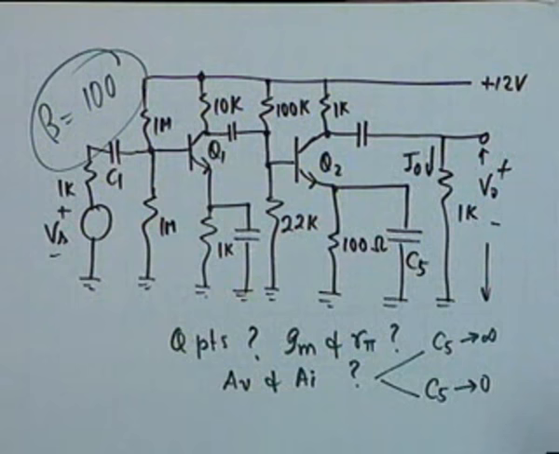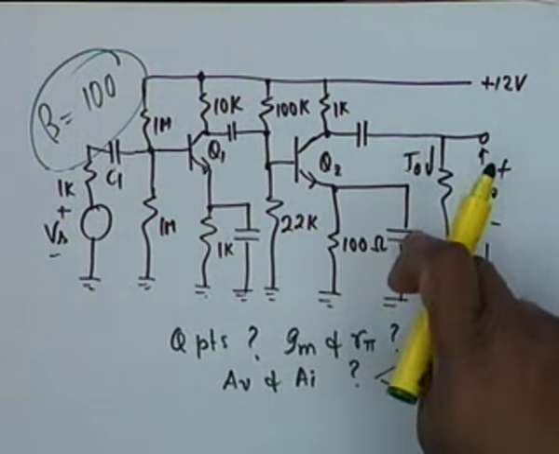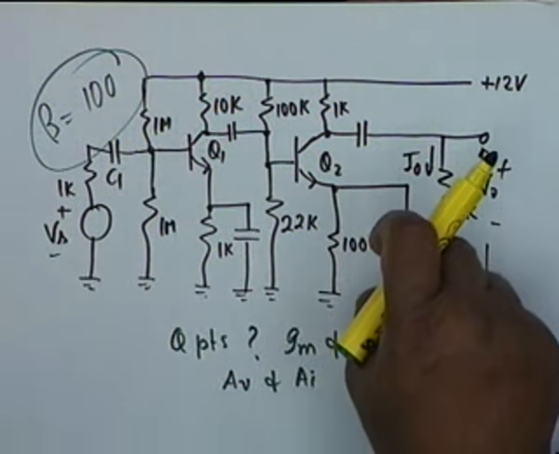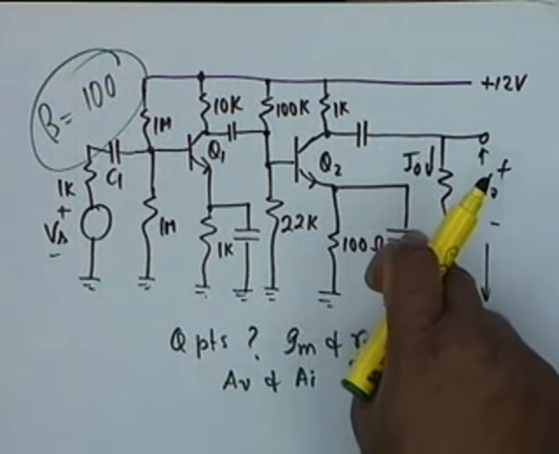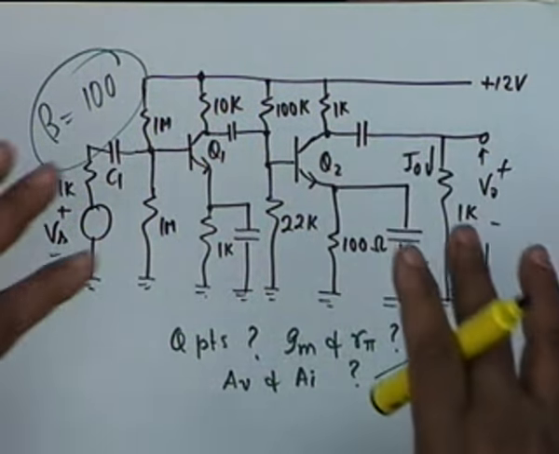All right. If it is not bypassed, if C5 is 0, roughly what will be the voltage gain of Q2? Can you, just by looking at it, tell me what it will be? 10. No. Sorry. Do you understand the question?